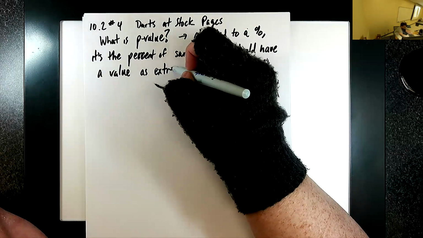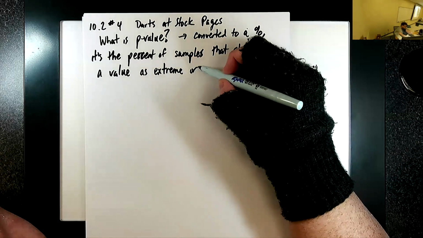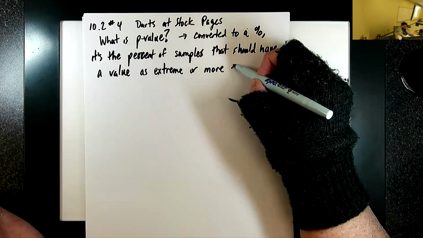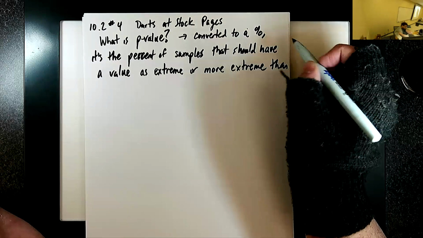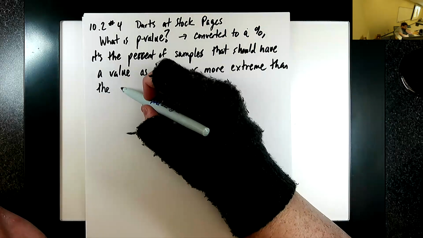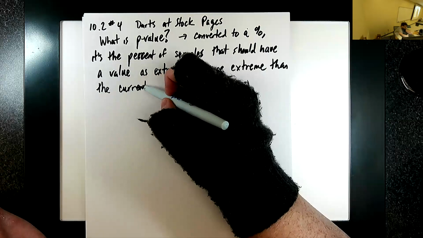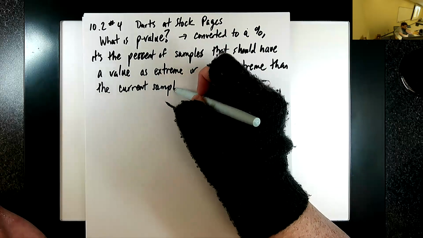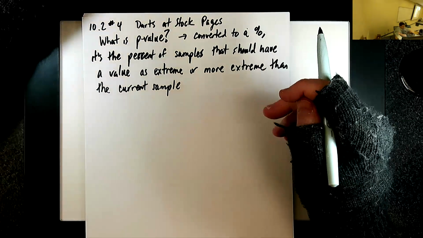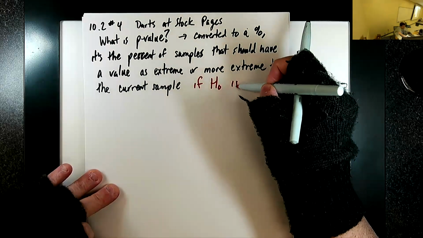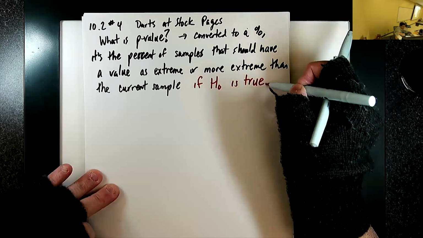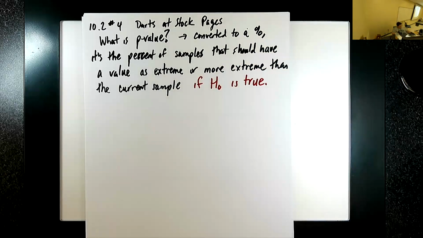I'm going to say more extreme because sometimes we're going lower than the current sample, if H0 is true. So it's always related to the information about H0. You'll see how this works out on the direct question in a second.